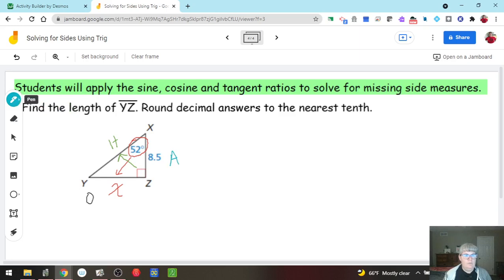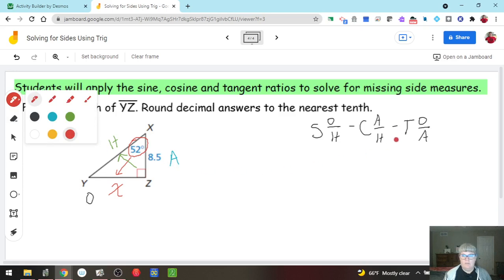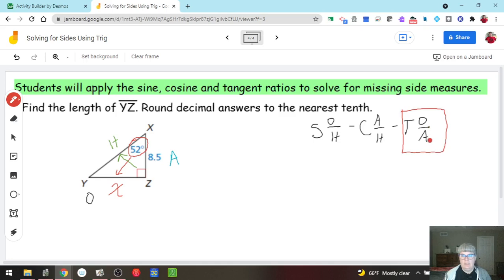We know the adjacent. If we remind ourselves of SOHCAHTOA, we will see that the ratio we want is tangent, because we're looking for the opposite and we know the adjacent. So tangent of 52 degrees equals x over 8.5.